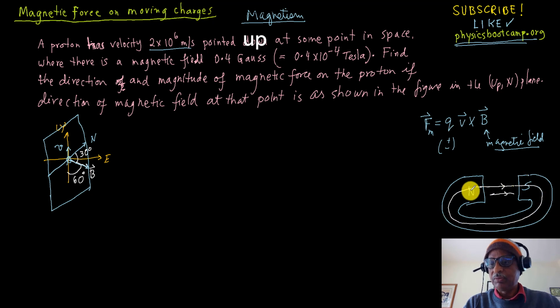So they're like complete closed loops, and they don't cross. I hope I drew it and did not cross it. So magnetic field lines are like that.